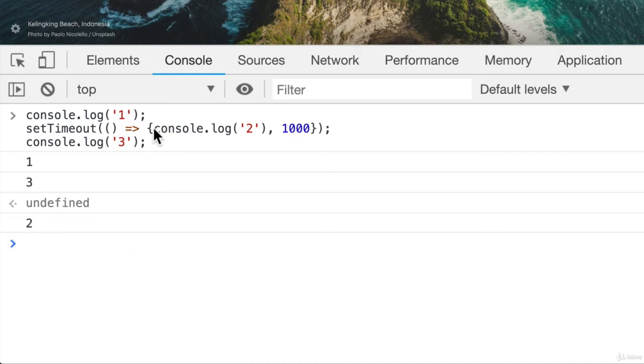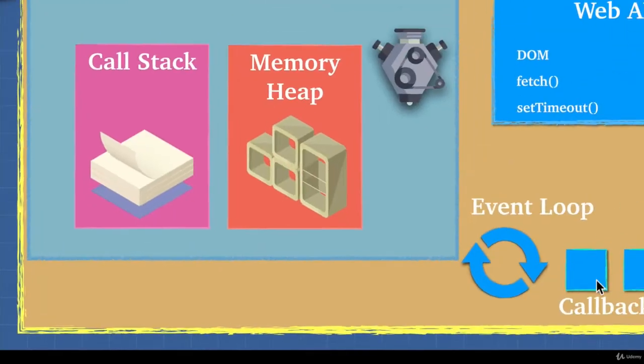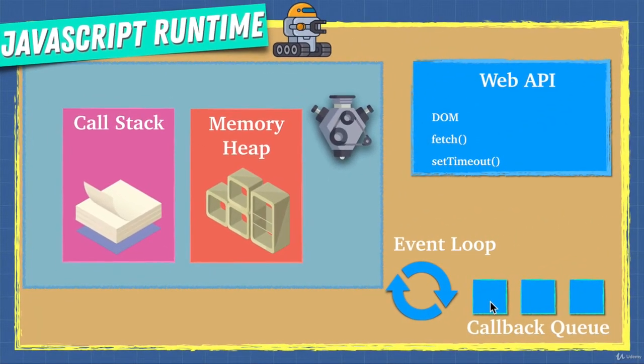And the callback in this case is console log 2. It's like it's calling us back saying, hey, we're ready for you. 1 second has passed. Can you console log 2? And what happens now, the console log 2 goes to the callback queue. Let's go to the diagram. Goes to the callback queue and says, I'm the first person that's done. Can you console log 2?